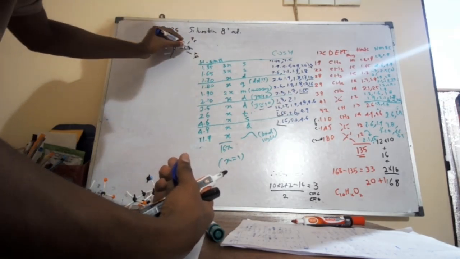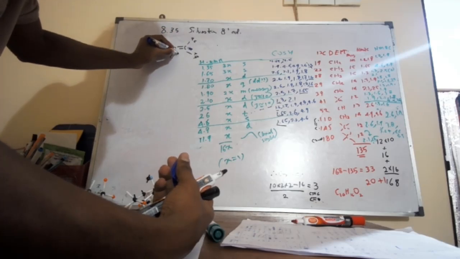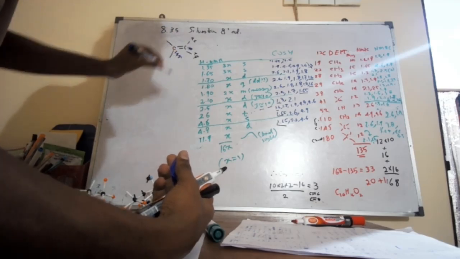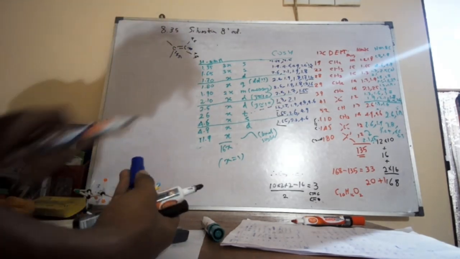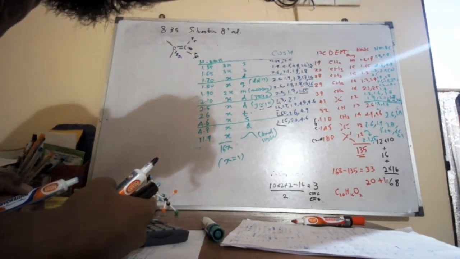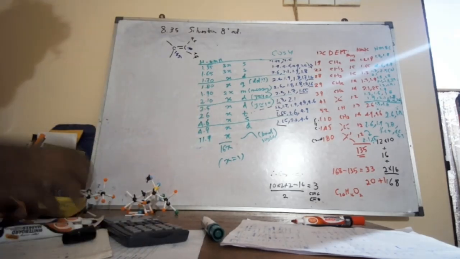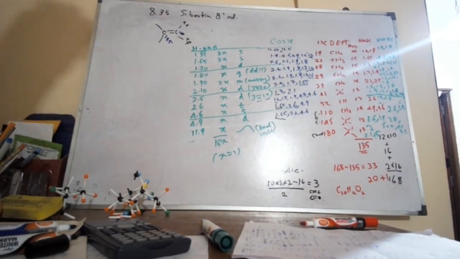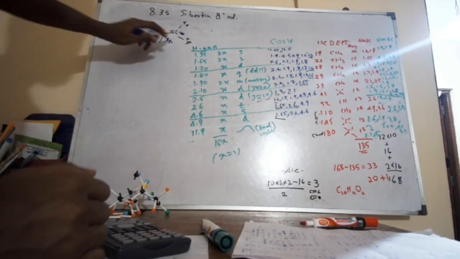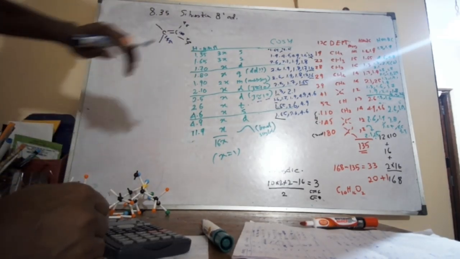And this is your 145 carbon, right? Okay. I hope it's visible enough. Move a little bit closer. Okay. All right. So 110, 145.